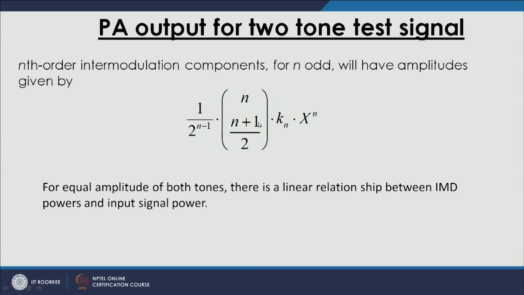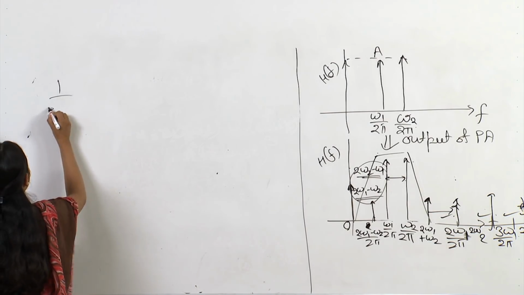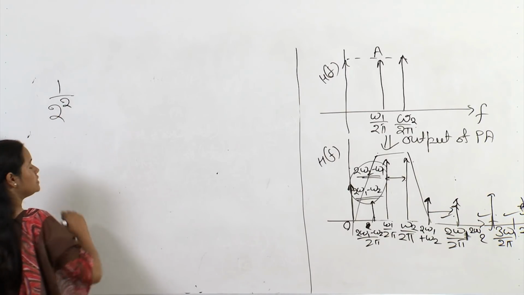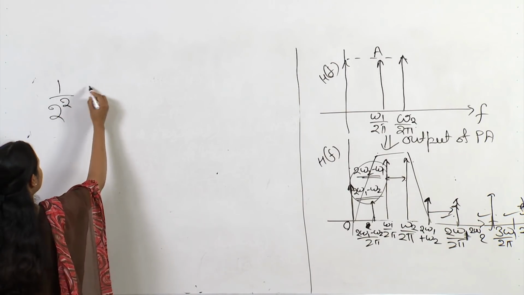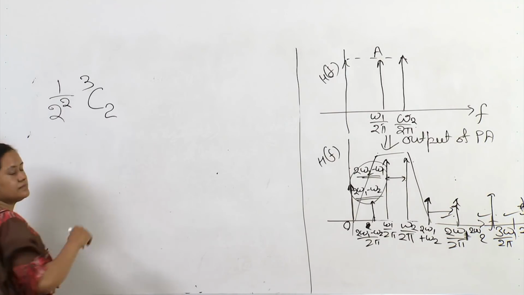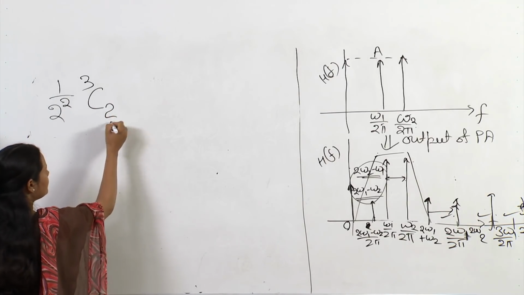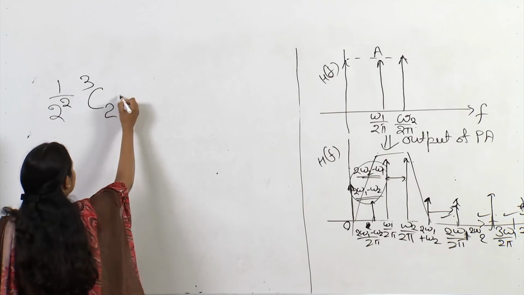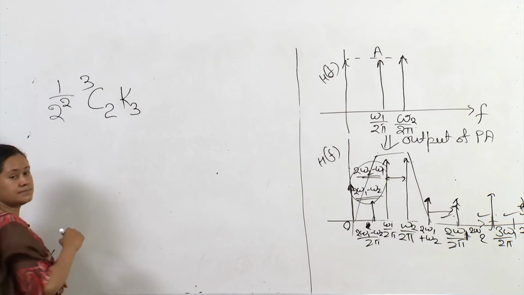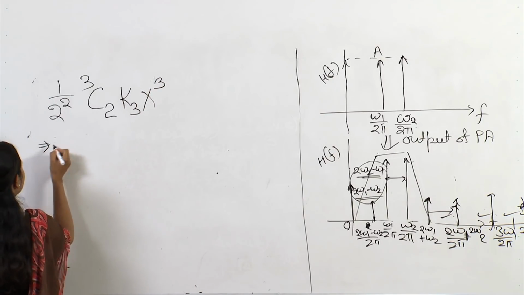Suppose we want to calculate for n equal to 3, because it is the important IMD term. So, let us put n equal to 3 here, 1 upon 2 to the power n minus 1, so it will be 2 here, then 3 C 2, which is (3 plus 1) divided by 2, and k 3 and x cube. So, this will be the power of that.